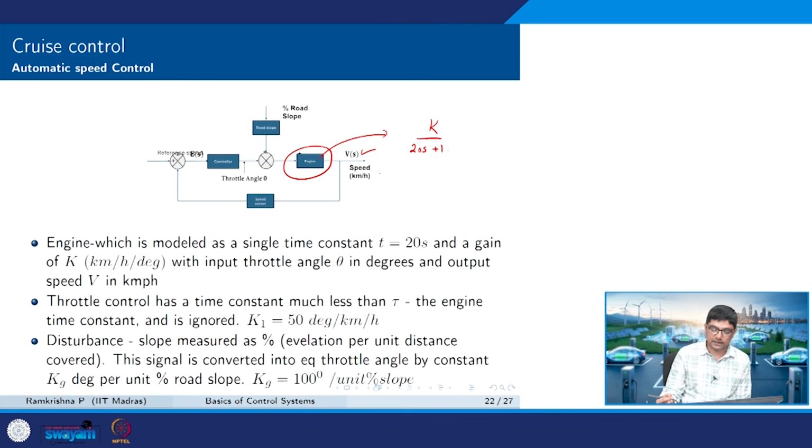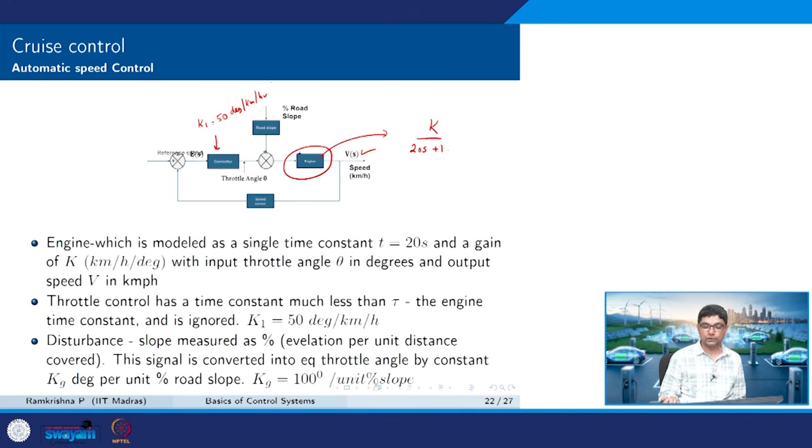And then now the throttle, this is my controller, throttle control, and I just say that this is much faster, and I just say that this is some number k1, it is just a constant gain, measured in terms of degrees per kilometer per hour.